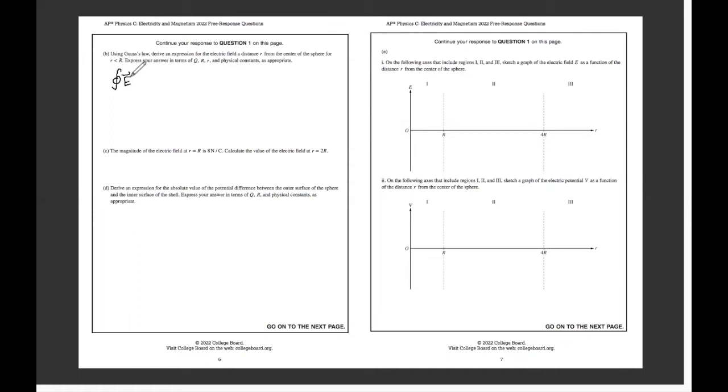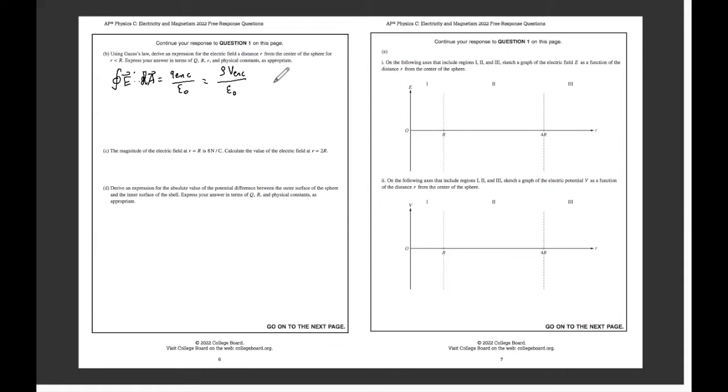So we have the integral of E dot dA is equal to enclosed charge over epsilon naught. But do note that the enclosed charge itself is going to be equal to the charge density, which is uniform, times the enclosed volume by a Gaussian surface.